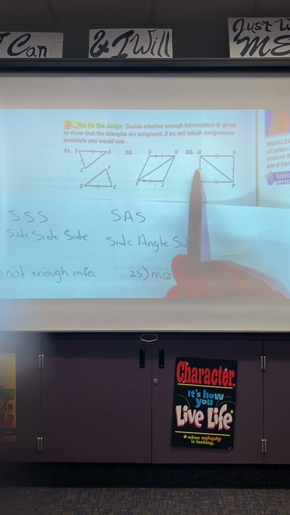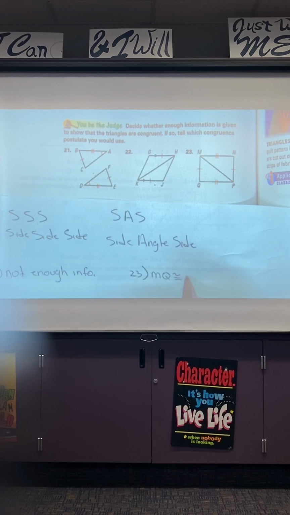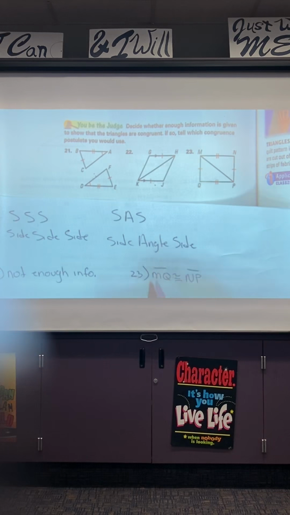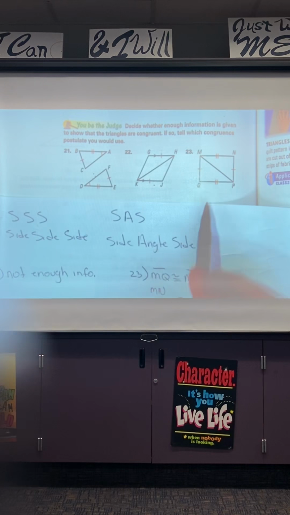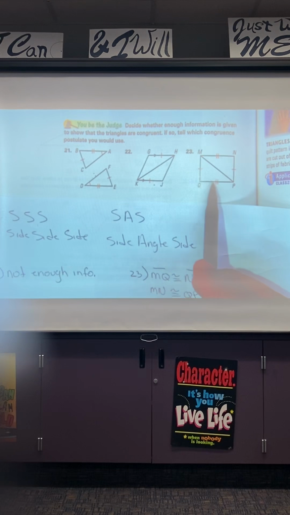There's only one tick mark here, and another single tick mark right here, so we know that those 2 segments are congruent. So MQ and NP are congruent. Now we know that MN is congruent to QP because of the 2 tick marks.